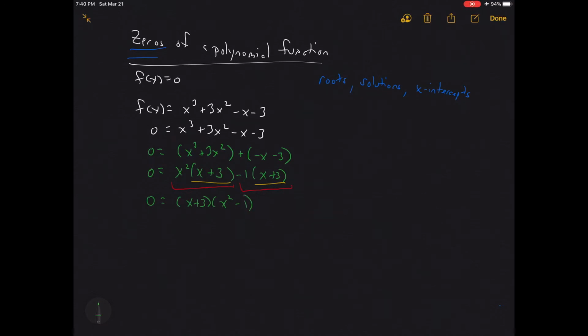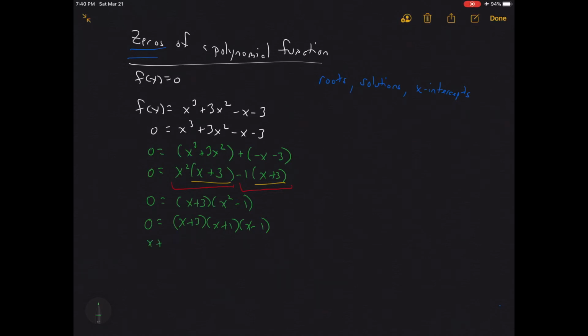So then it's factored down to this. And then what I have left over is x plus 3. And this x squared minus 1 is the difference of perfect squares. It does factor, it's a special one, to x plus 1, x minus 1. And then I'm going to take each one of those, set them each equal to 0, and then that's going to be my solutions.